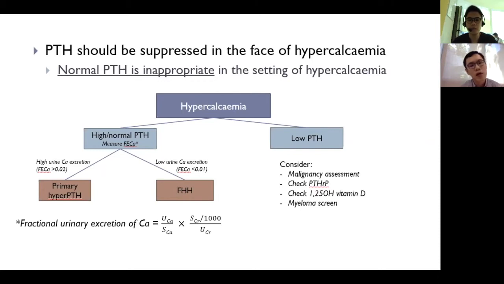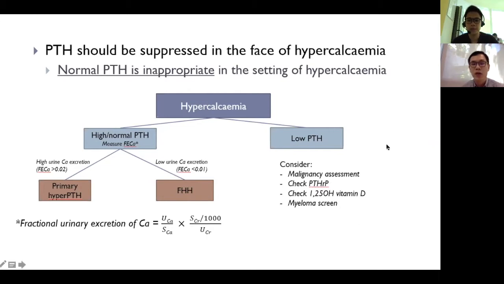Well, I think it's related to the degree of hyperparathyroidism also, because your parathyroid hormone will increase the excretion of phosphate in the renal tubules. So most of the time, if there is hypercalcemia, we will also see low phosphate if it's a PTH-driven cause.